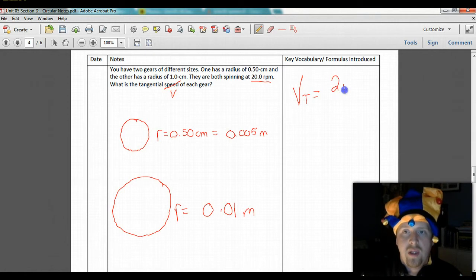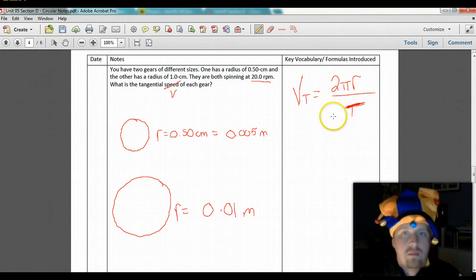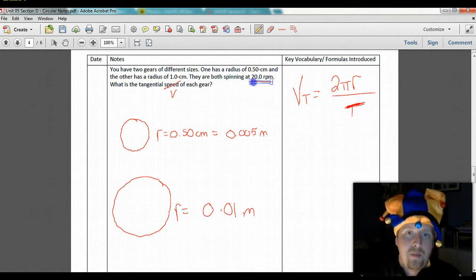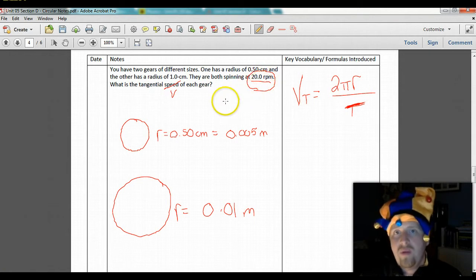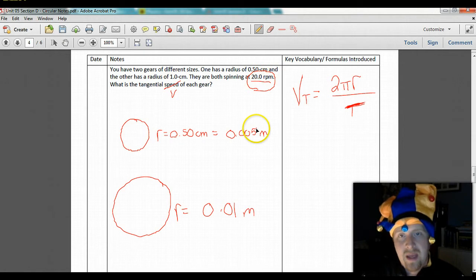Okay, so we now know what the radii are, and in order to use the tangential velocity equation, we need to not only know the radius for the top part of the fraction, but we need to know the time it takes for them to complete one revolution. That information is embedded in this 20 RPMs right here. So the question is, how long does it take to complete one revolution if both wheels are spinning at 20 revolutions every minute?